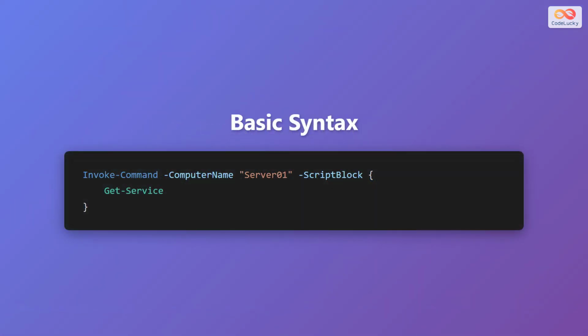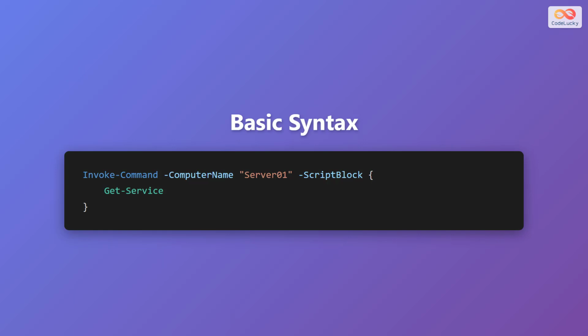Let's examine the basic syntax of Invoke-Command. The fundamental structure includes the Invoke-Command cmdlet followed by two essential parameters. First, the ComputerName parameter specifies which remote computer you want to target. In this example, we are targeting a server named server01. Second, the ScriptBlock parameter contains the actual commands you want to execute remotely, wrapped in curly braces.